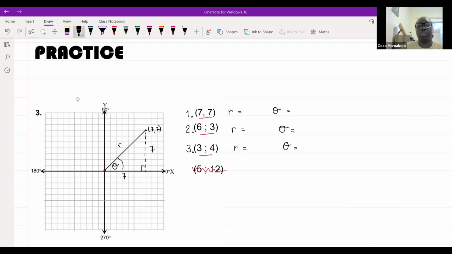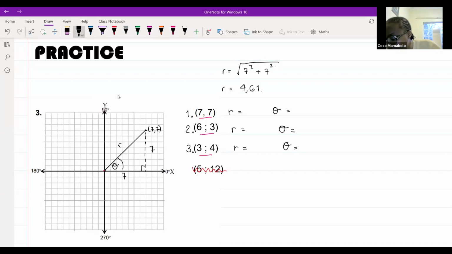All right, so let's go ahead and talk about this first one over here. Now, in order to find R, I'm going to have to use Pythagoras. So R is going to be the square root of 7 squared plus 7 squared. That should be something like 4,61.